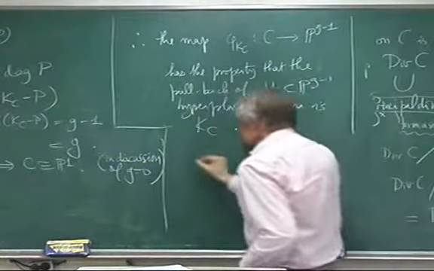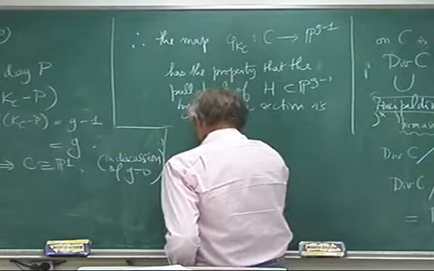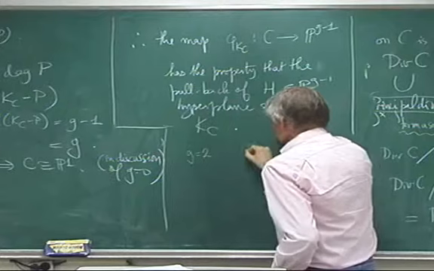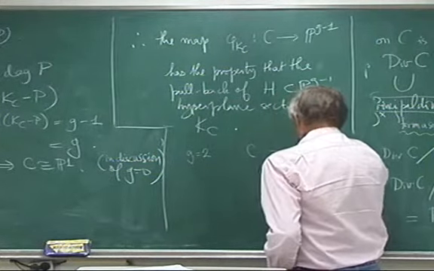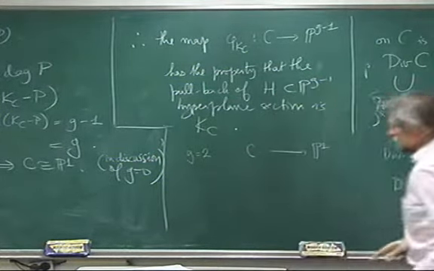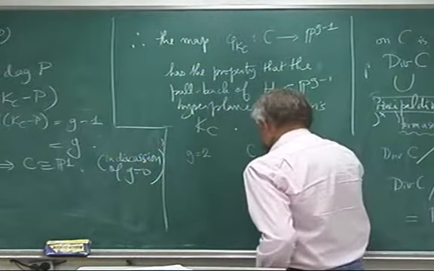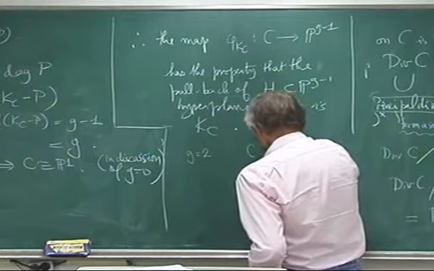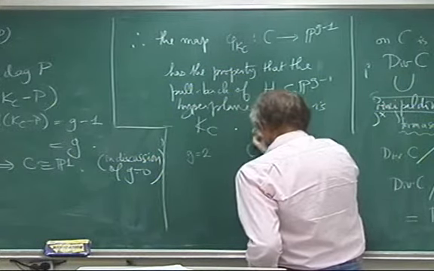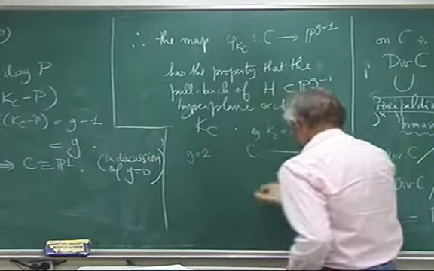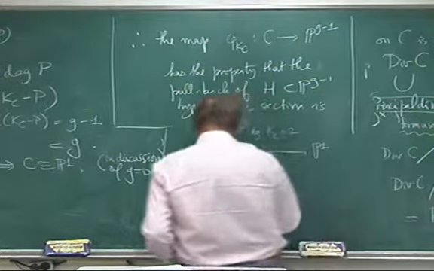Right? So let's think about the case G equals 2. Then I've got C mapping to P1. Right? So this map cannot be of degree 1, it's of degree 2. So degree Kc equals 2. And what's happening here is that the map is of degree 2.